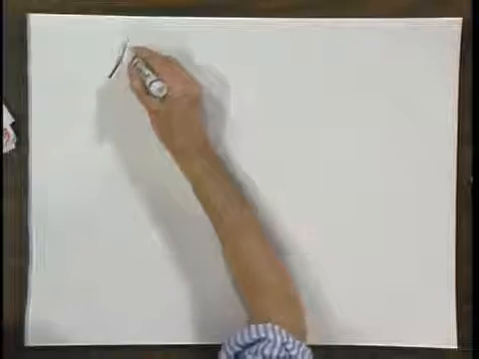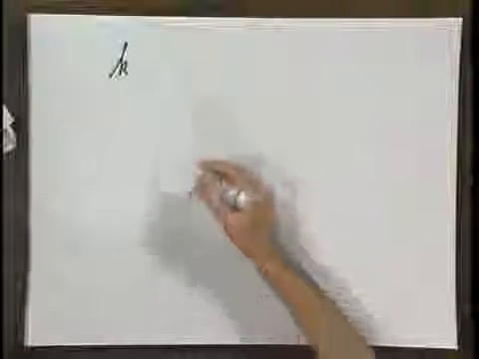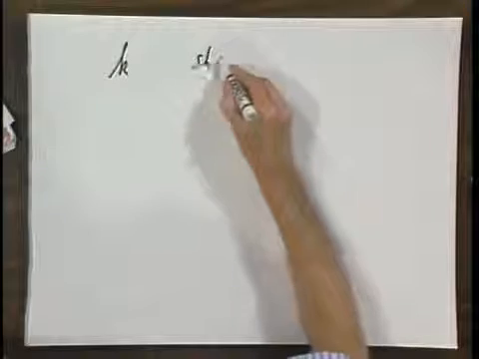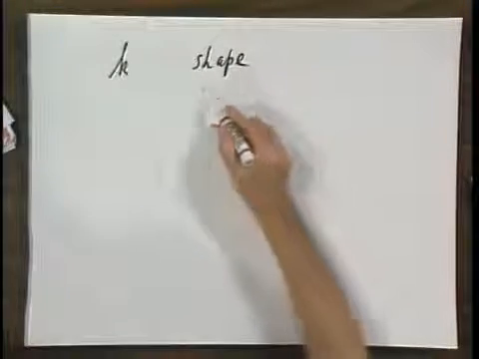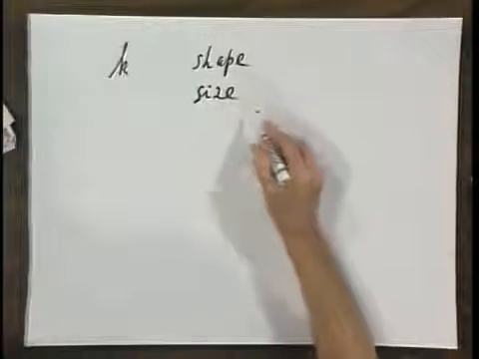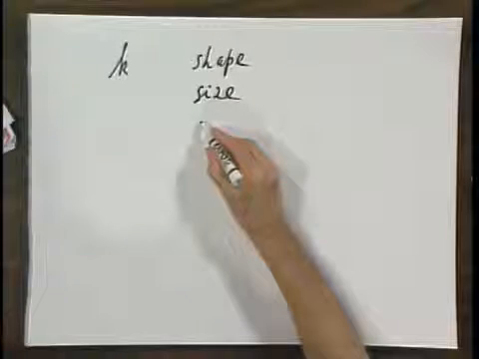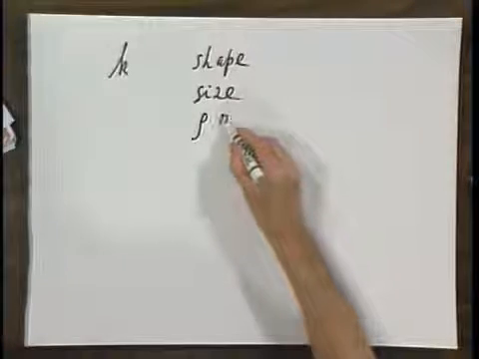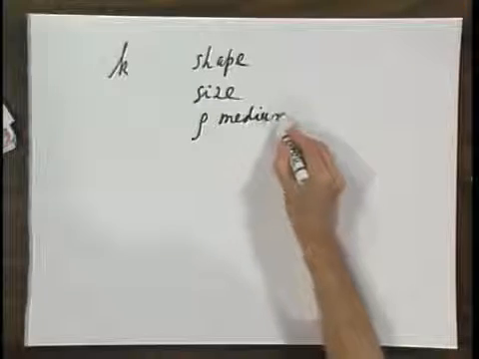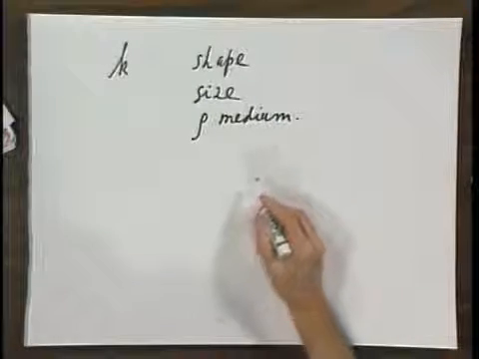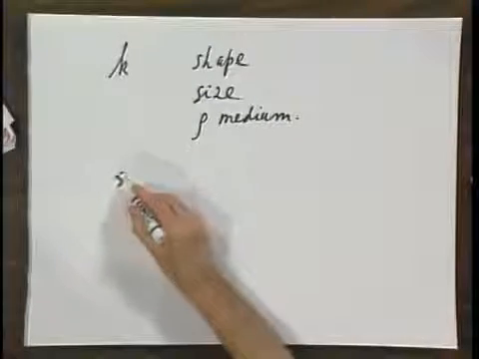The values of K that we have seen in the resistive force depend on the shape of the object, they depend on the size of the object, and they depend on the density rho of the medium. Now I'm going to restrict myself to spheres.